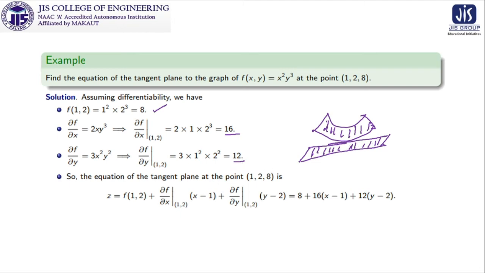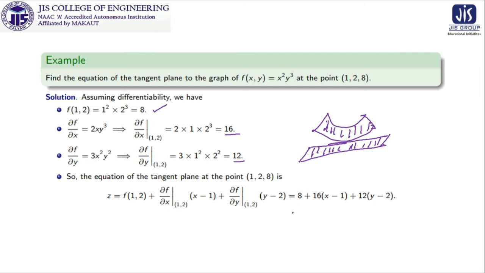For that, z equals f(1,2) plus del f del x at (1,2) into (x minus 1) plus del f del y at (1,2) into (y minus 2). Now del f del x at (1,2) is calculated, del f del y at (1,2) is calculated, and we get that z equals 8 plus 16 into (x minus 1) plus 12 into (y minus 2), which is the equation of the tangent plane.